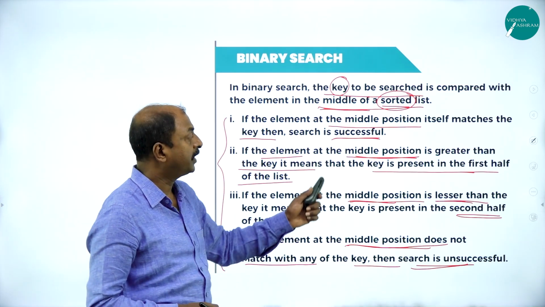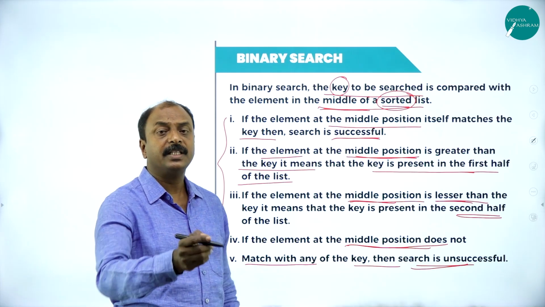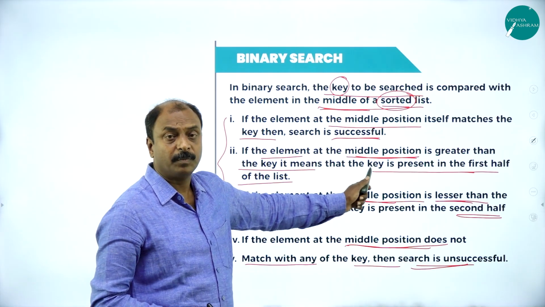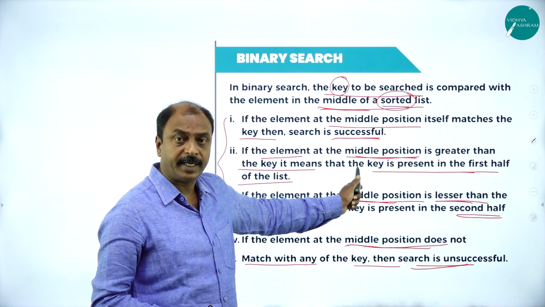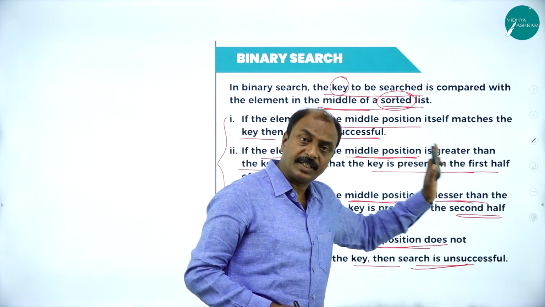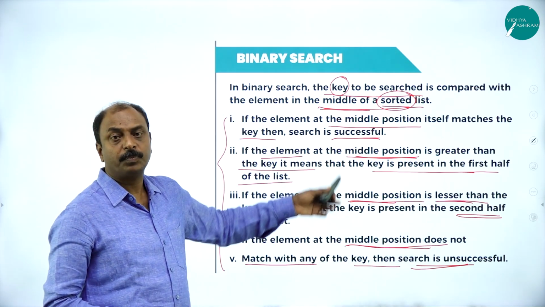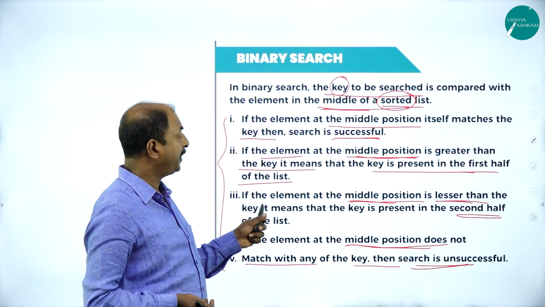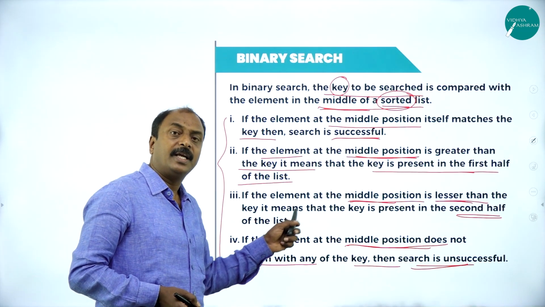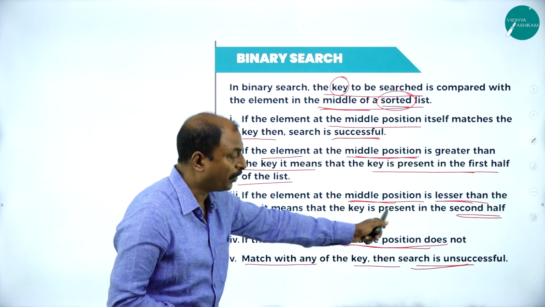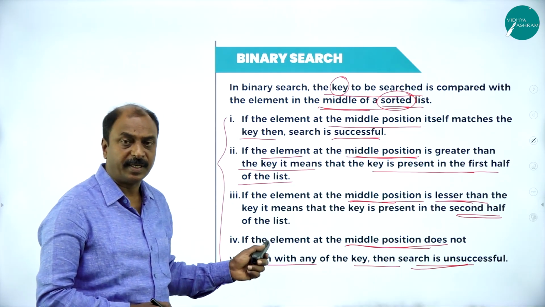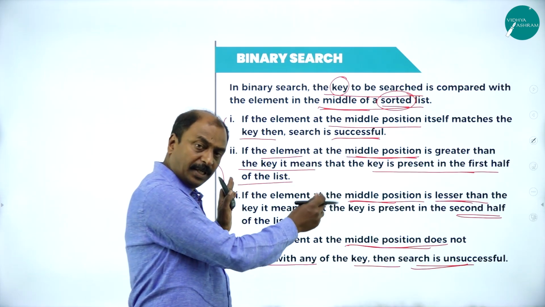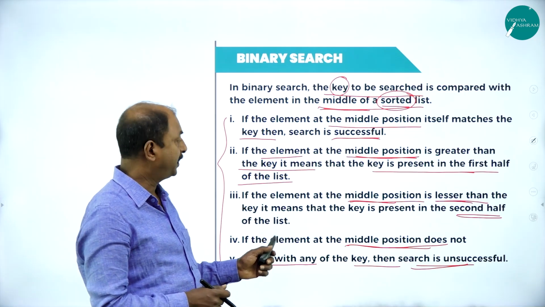If the key value is greater than the value at the middle position, we have to search the right side of the list, and again start processing the same way. If the key element is less than the value at the middle point, then we search for the element from the left side of the given list.